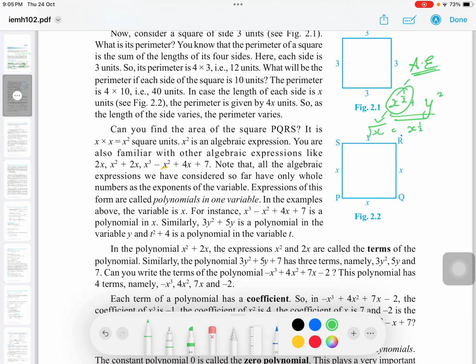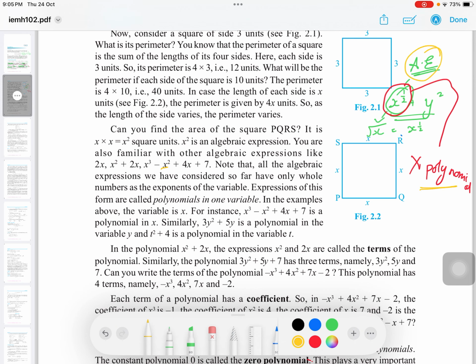So இது வந்து algebraic expression. ஆனால் இதே expression வந்து not a polynomial. புரிஞ்சா? You are going to clearly be able to differentiate between an algebraic expression and a polynomial.